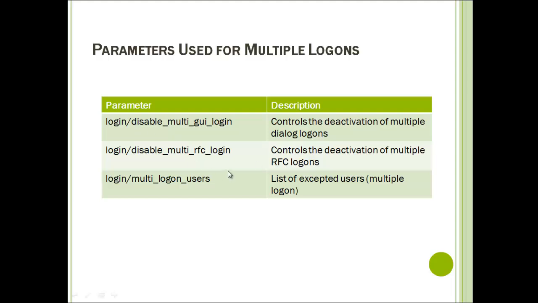Then it will allow only one logon to RFCs. So far what I have seen, again, depends on your business scenario. In some of the main applications I have seen, more than one logon using RFC is used, so we will not disable this in a general scenario.